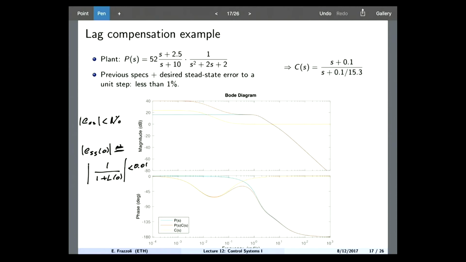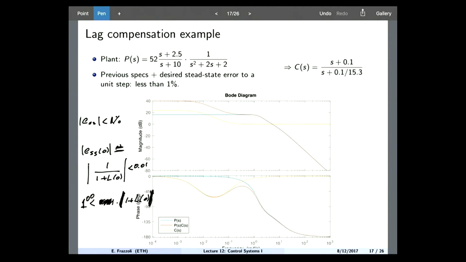So I want this to be small, which means I want 1 to be less than 0.01 times 1 plus L of 0, which means 1 plus L of 0 should be greater than 100.